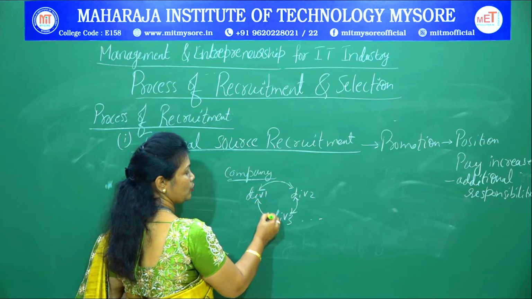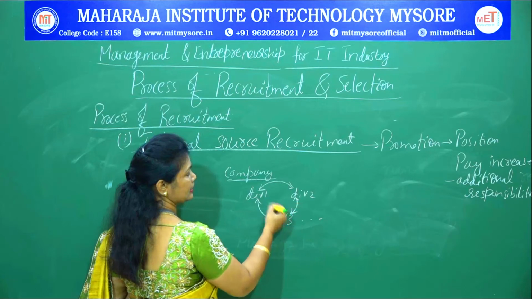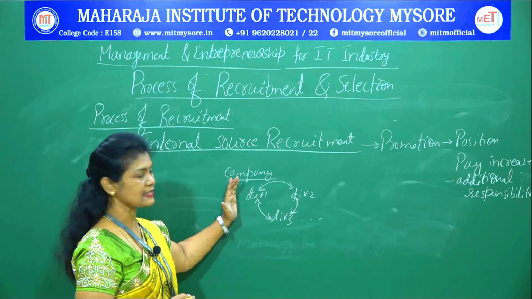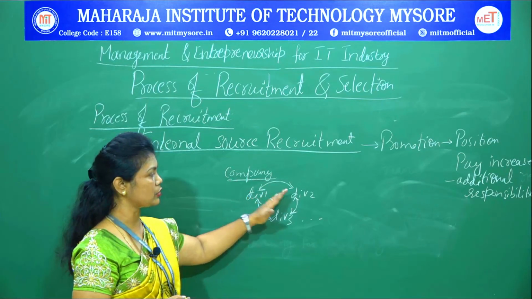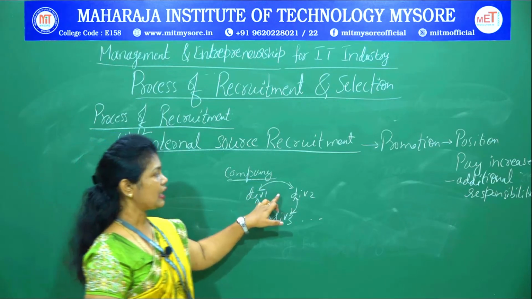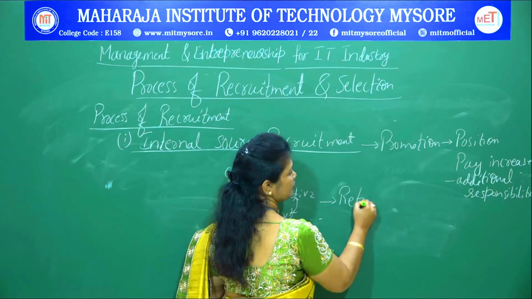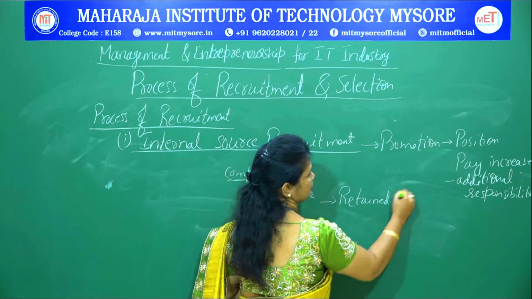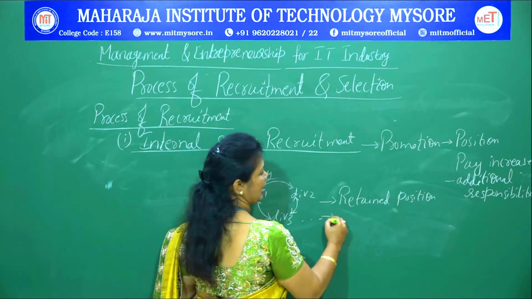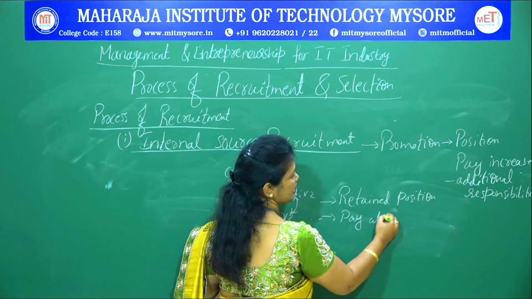Likewise, division 1 to division 3 or vice versa. Like this, they can just transfer the existing employees from one division to another division. In this kind, the employee is going to be retained with the same position and the pay scale remains almost unchanged.